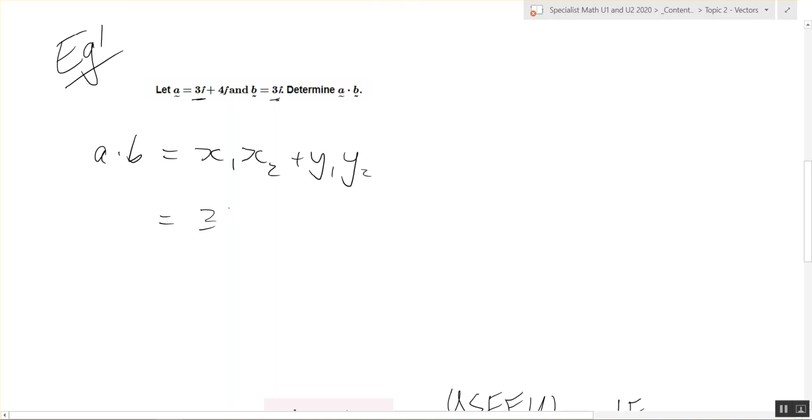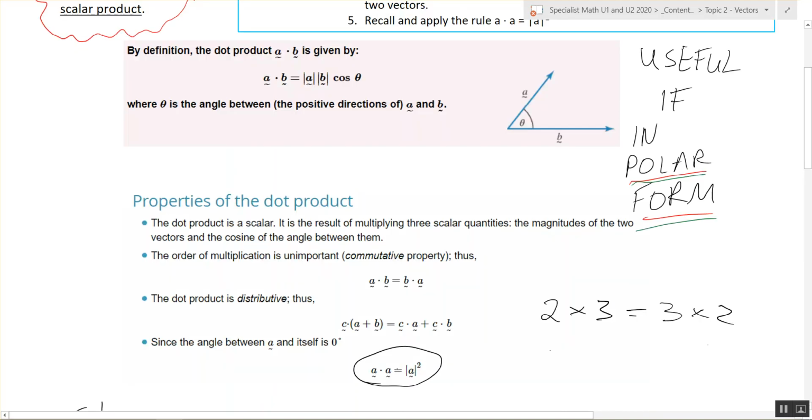We've got 3 times 3 plus, what's the y's? 4 times 0. So the dot product is 9. That's simple. When you dot a vector by itself, it is purely just the magnitude squared.